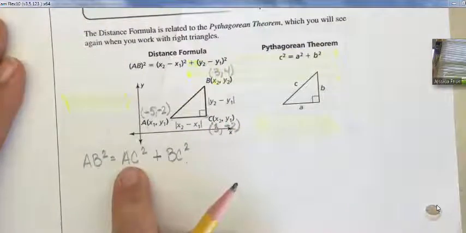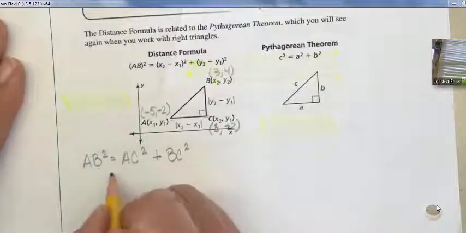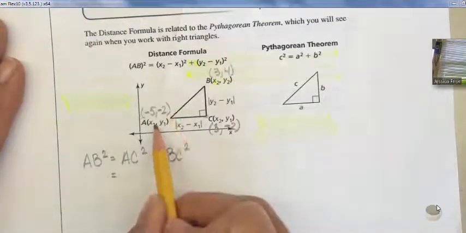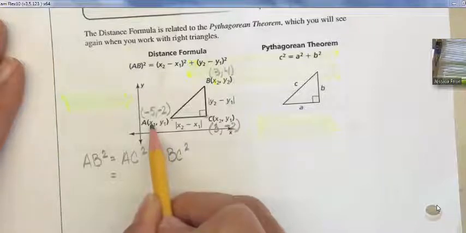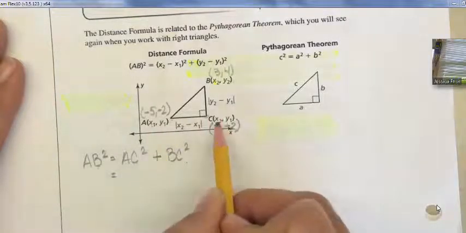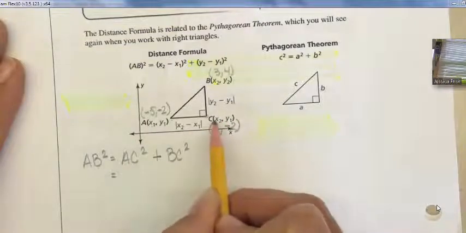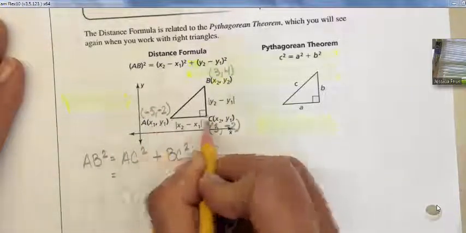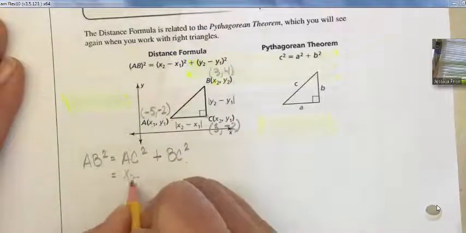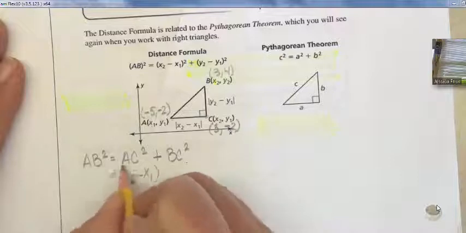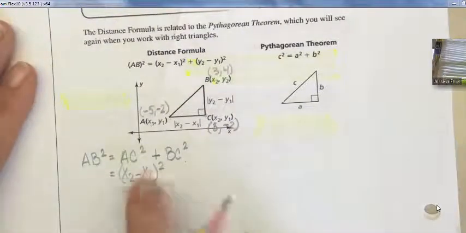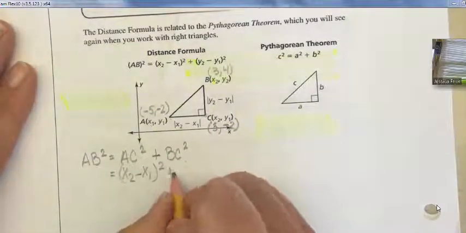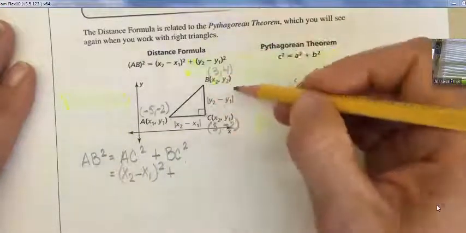So when I'm looking for AC, what I'm really doing is I'm taking this X value of A and this X value of C, and I'm finding that distance. Okay, so I'm really taking the difference between x2 and x1. So I'm taking x2 minus x1, and I'm squaring it. That's my AC.